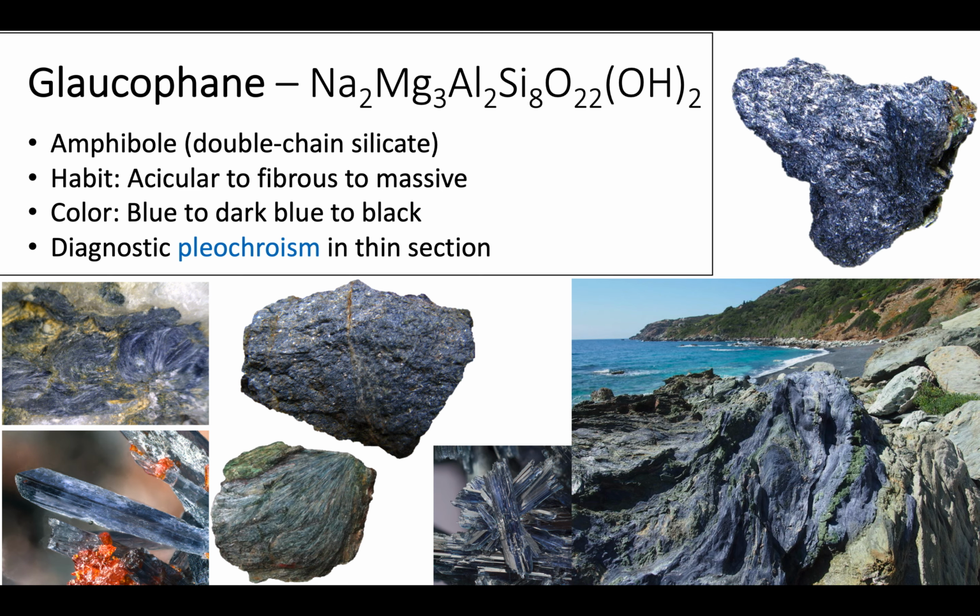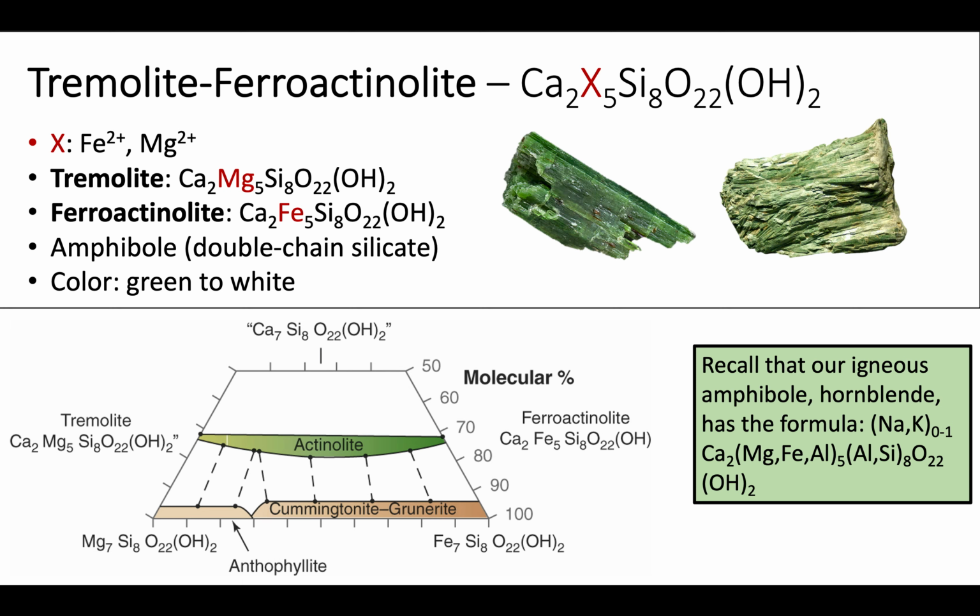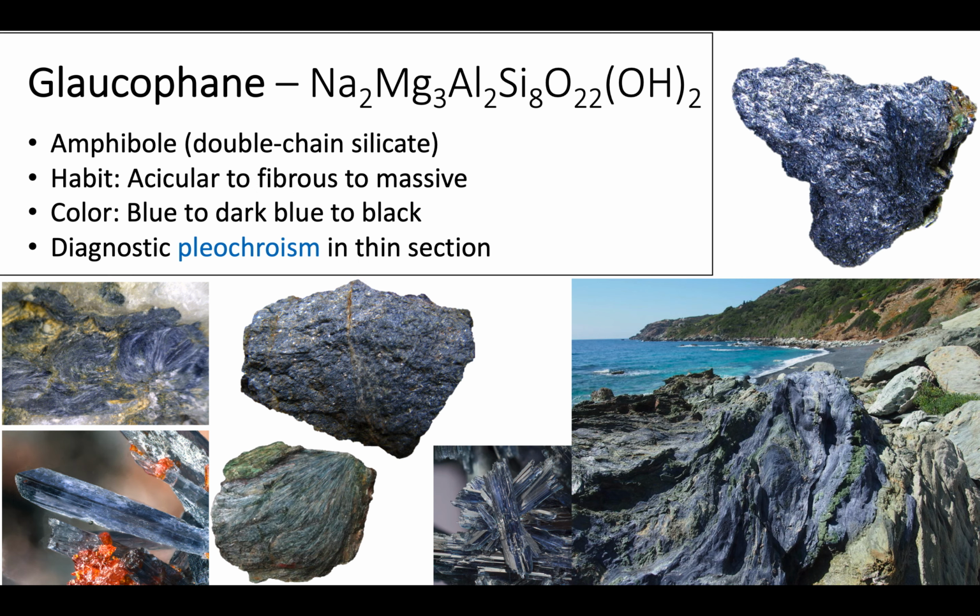Whereas if we saw a schist that was rich in tremolite and ferroactinolite, we would call that a green schist. So even just by looking at the color of the rock, we're able to learn something about what minerals are present. And just like with the kyanite, sillimanite, andalusite example, that's going to tell us something about the conditions of formation of the rock.